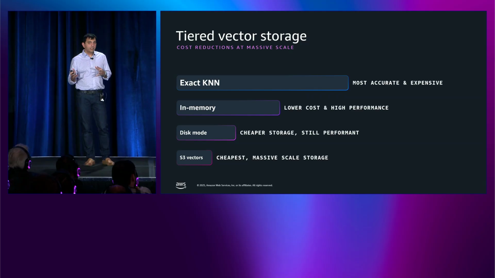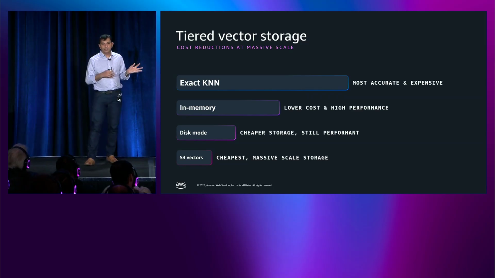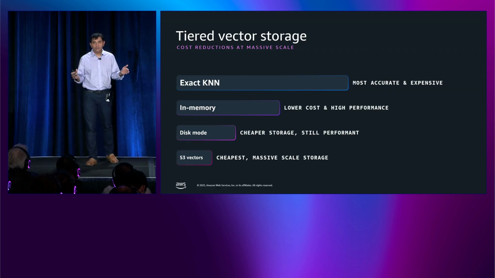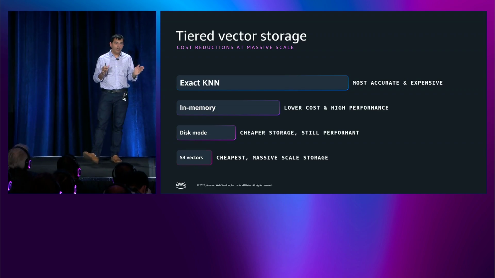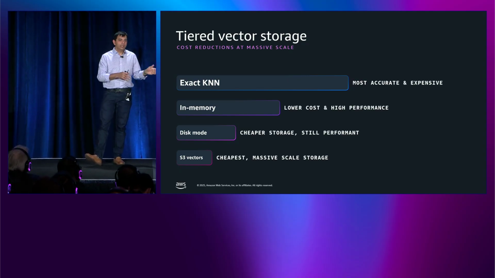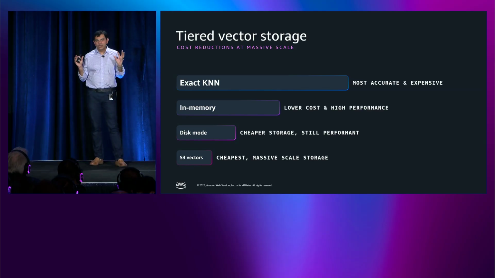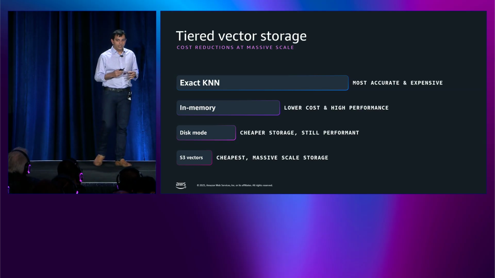Then we introduced the disk mode early this year that lets you keep the vector data on disk and only quantize data in memory, and that reduces cost even further. And just yesterday, we announced the general availability of S3 vectors and the OpenSearch integration with S3 vectors. With that, you can keep your vector data all in S3 and reduce your cost even more. So as we get to this trillion scale, there are different ways to reduce cost and get to that scale.